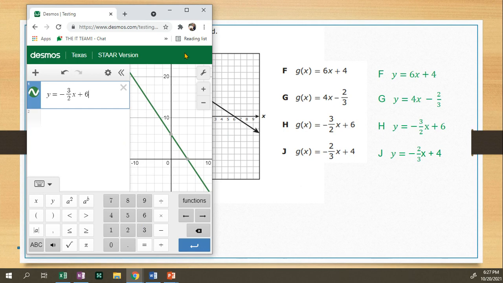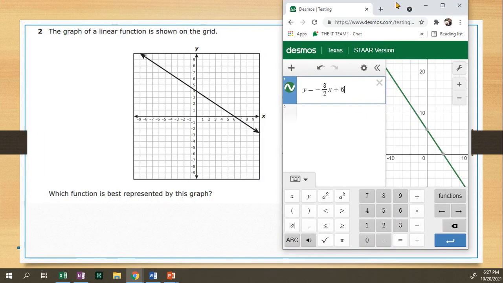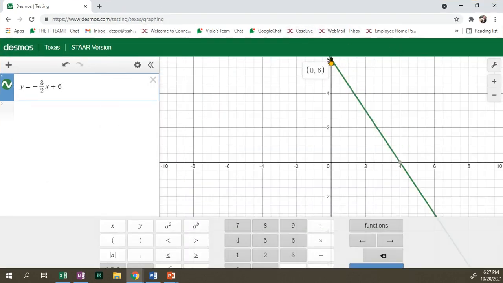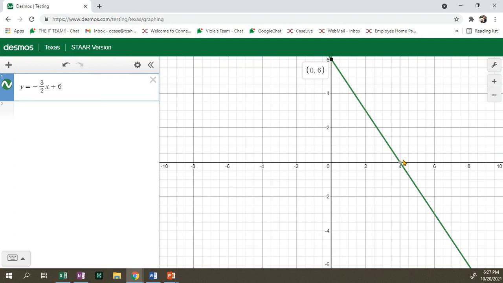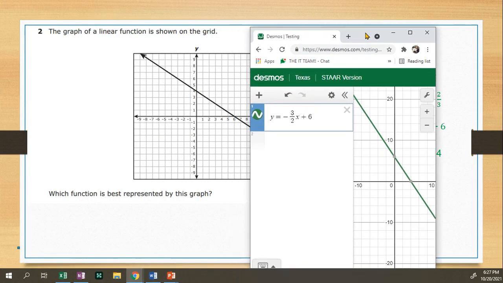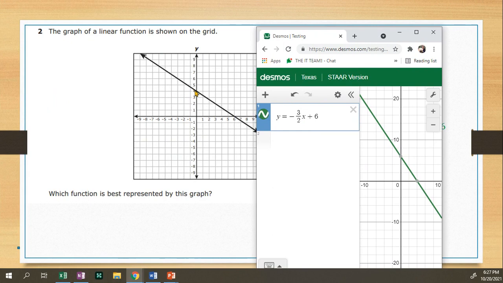And now we have a line that is pointing down to the right, so it's worth taking a look at. So what I would do is click on specific points. We see it goes through 0, 6, and 4, 0. Notice it's going through 6 on the high end, not on the low end. So let's take a look at our picture. It's going through 4 up here. This one was going through 6 there. This isn't our answer either.